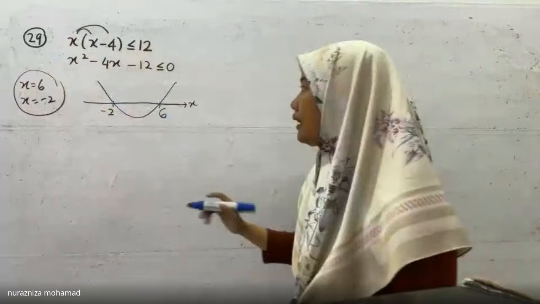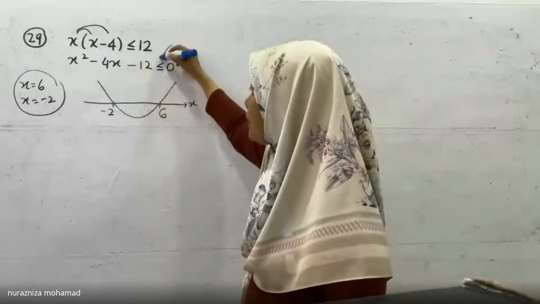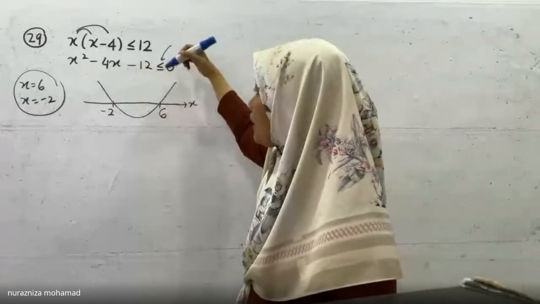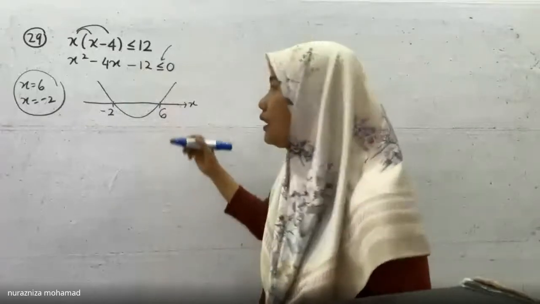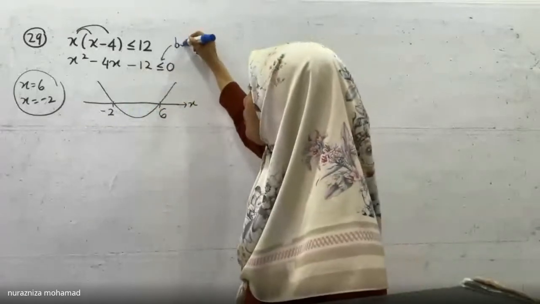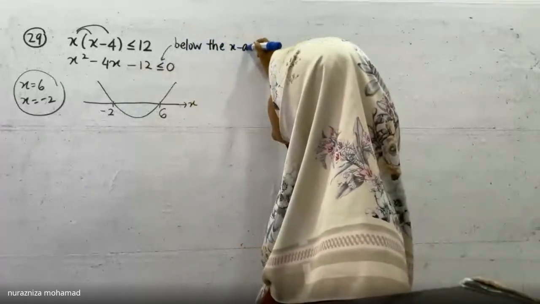Okay, the area represented by these inequalities, you refer to this symbol. It's either less or equal, so it represents the area below the x-axis. Okay, below the x-axis.